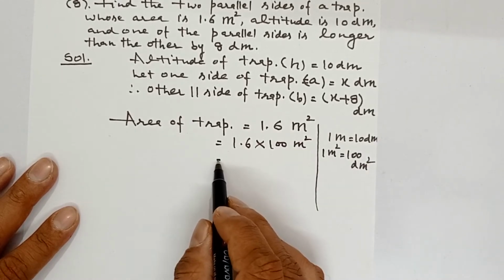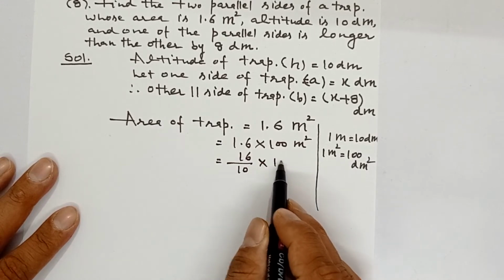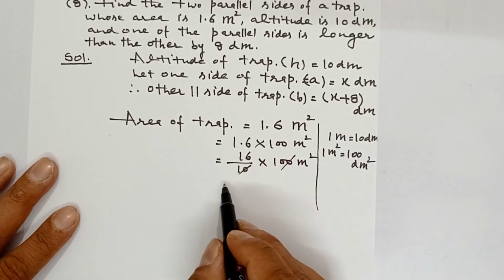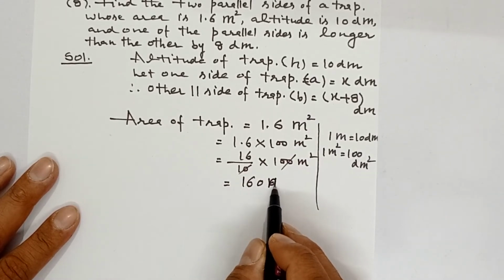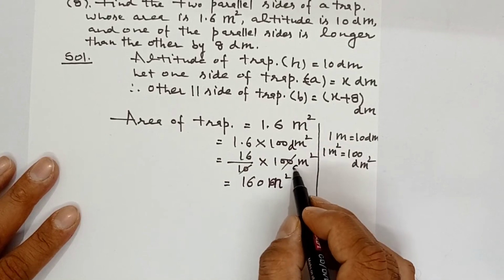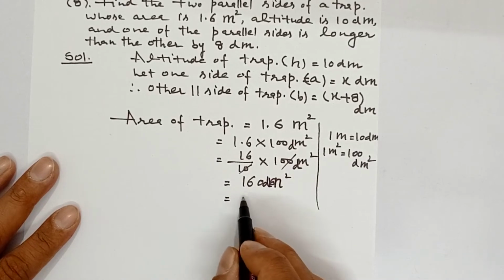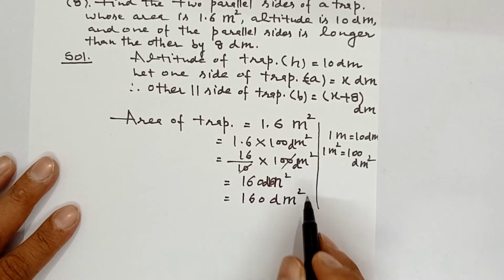So if you change it, it will become 16 over 10 into 100. 0 cancels with 0. It is 160 decimeter square, because now it is converted into decimeter square. Now everything is in decimeter.